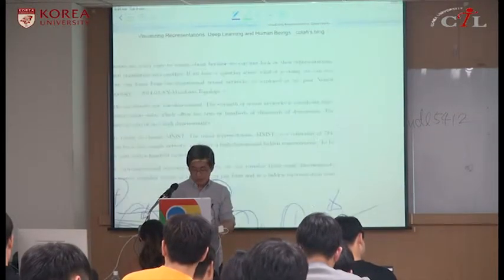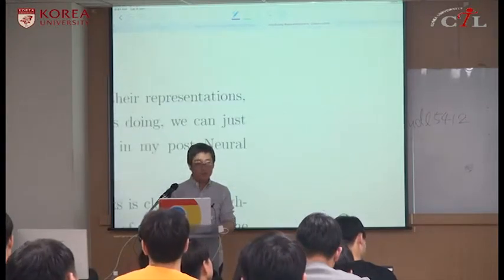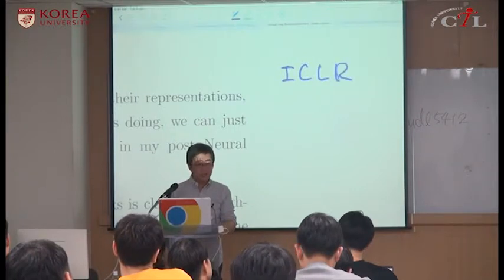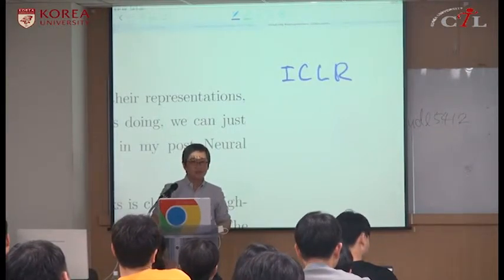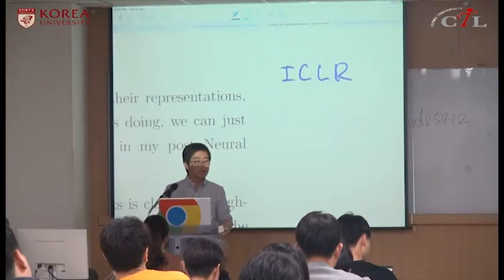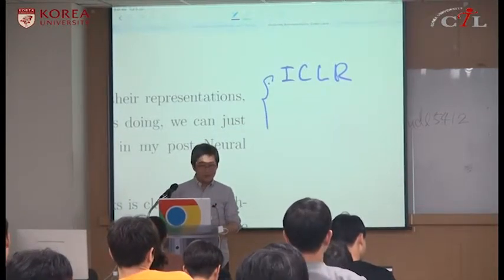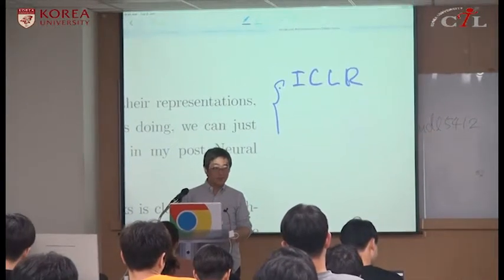And also, if you think of your projects, there is one emerging conference called ICLR. Have you guys heard about this conference name, ICLR? There are three major conferences within the machine learning and deep learning areas.